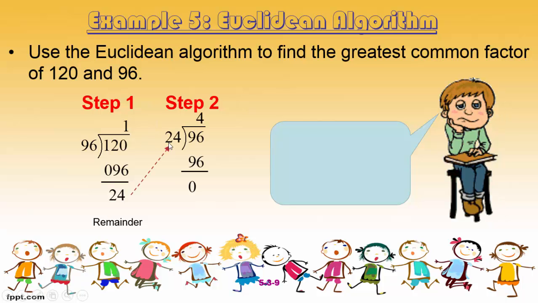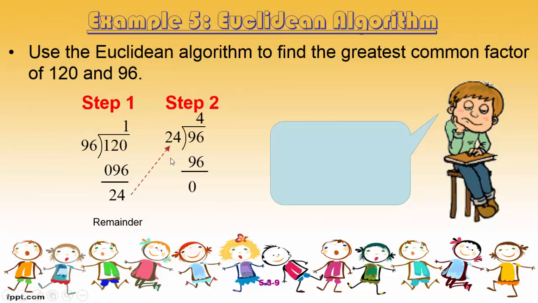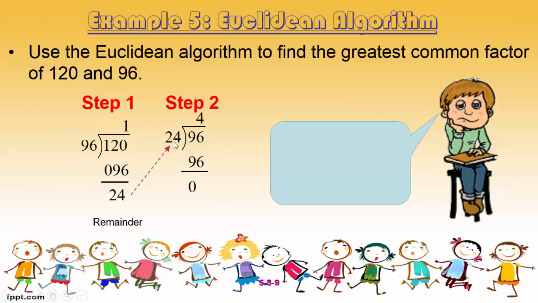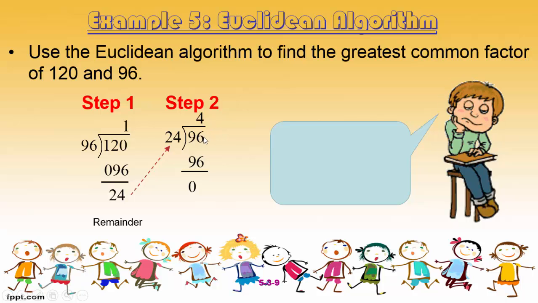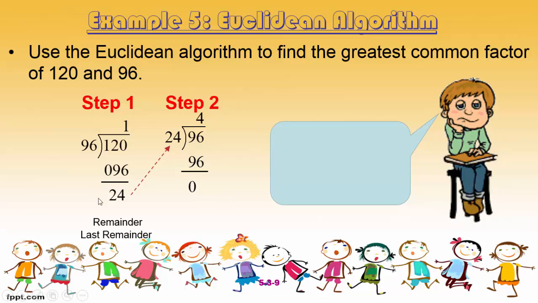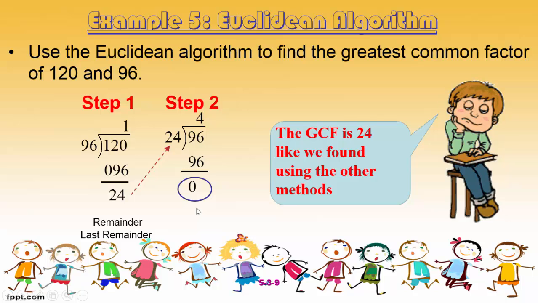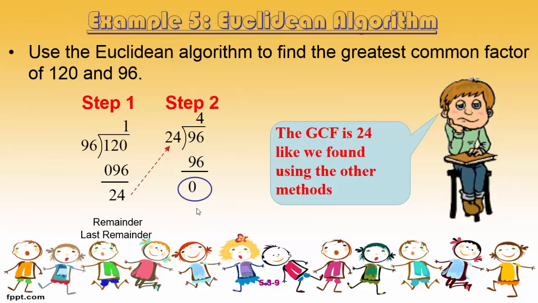Then I took 24 and I divided it into 96, and 24 went into 96 4 times. 24 times 4 is 96, and then I subtracted 96 from 96 and I got 0. 24 was my last remainder, so that means the greatest common factor of 120 and 96 is 24, like we found using the other methods.